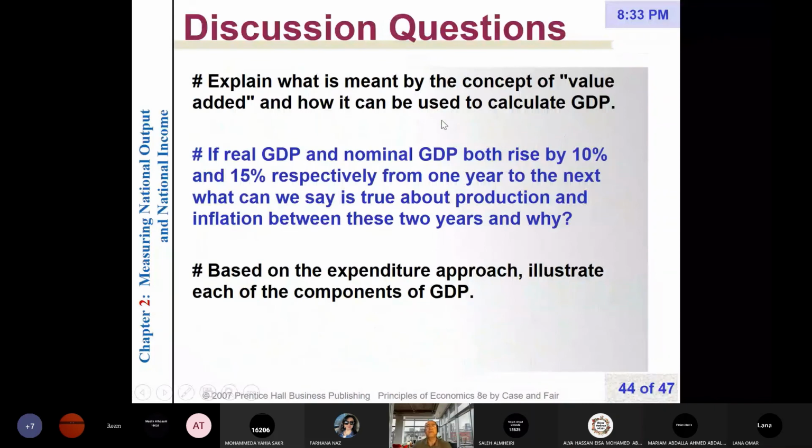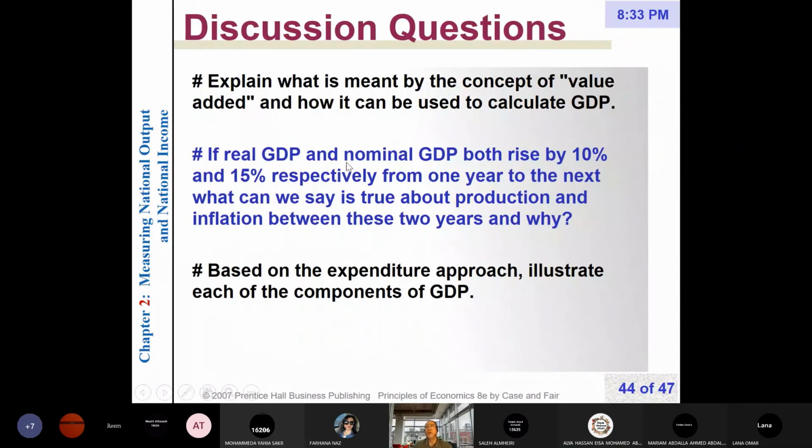So here, about value added. What is value added? How can we use it to calculate gross domestic product? I already answered this question, and I gave an example about a gallon of gasoline. See the next question.